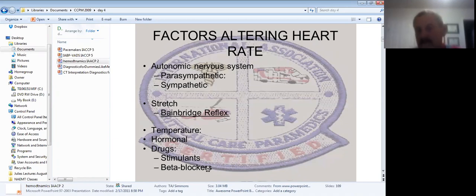They can also drive the heart rate in pathologic states as well. Then there are the stretch reflexes, the Bainbridge reflex being the most famous of the stretch reflexes in the great vessels. And then, of course, temperature, hormones, and medications, which can block the body's response, such as beta blockers, or medications that can accentuate a response, i.e., agonists, beta agonists, for example.